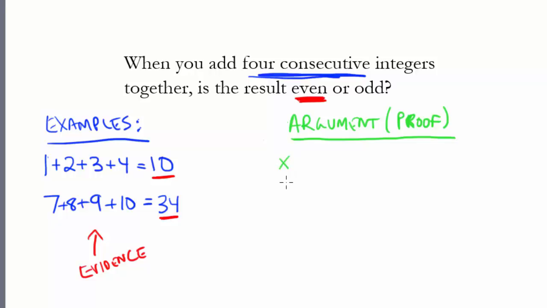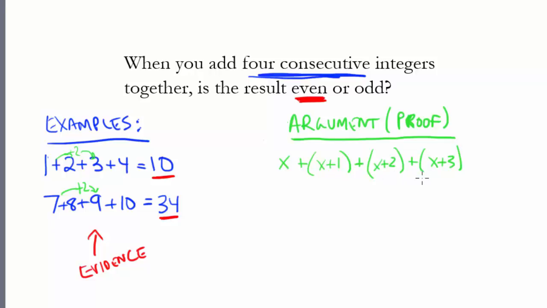If that's my first one, what's my next one? Well, it was 1, the next one was 2. 7, the next one is 8. For x, the next one is just x plus 1. That's how you get from 1 to 2, from 7 to 8. Then what's the next number? 1, 2, 3, so now I'm adding 2 to my original number. 7 plus 2 is 9, so this is x plus 2, and then x plus 3.